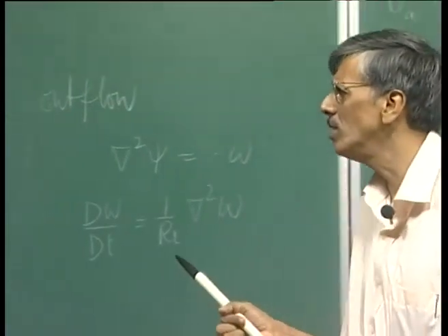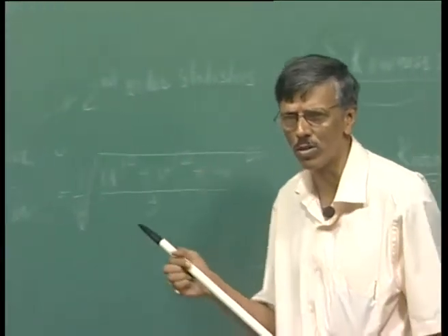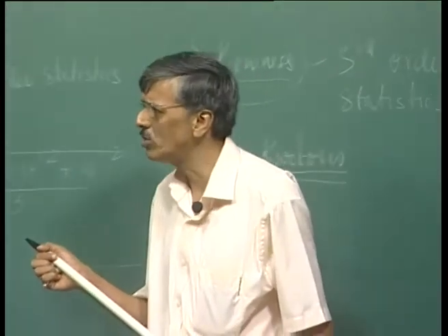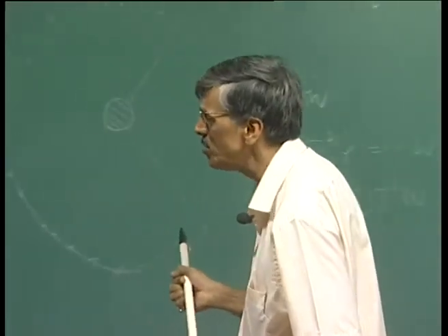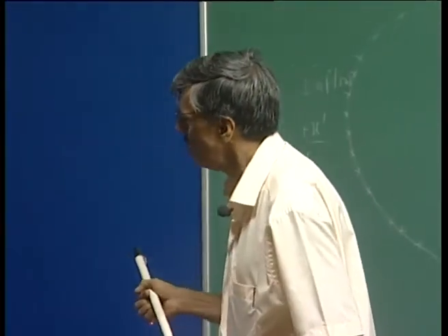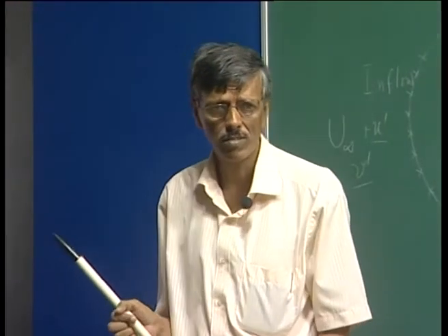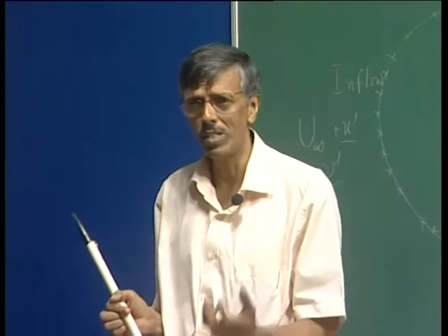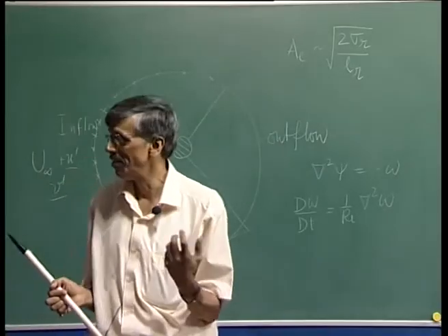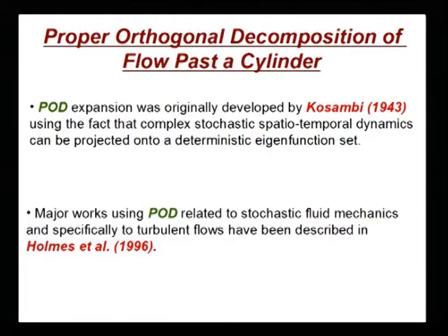Now, we need to know a little more about it, and that is achieved by using the computed results. We have the ability to compute the flow with and without disturbance, and then we can post process the data. What do we do by post processing?